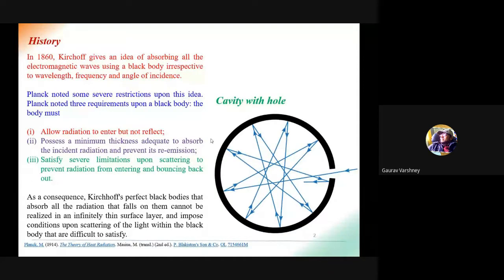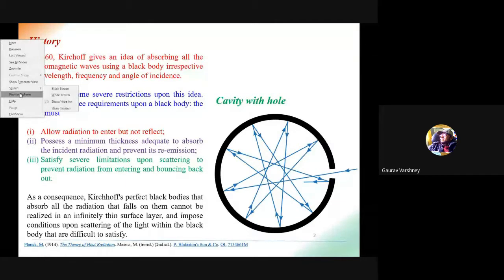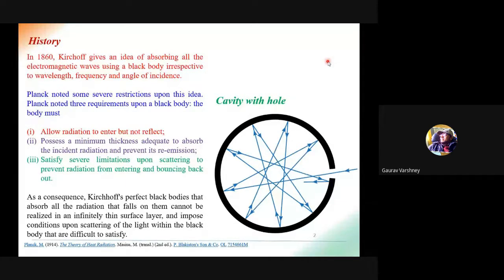If we talk about the simplest example, a cavity with a hole, we have this cavity, and within this cavity an electromagnetic wave falls and enters the black body. And in that case, what happens? There are multiple reflections when this wave interacts with the inner surface or inner boundaries of this black body.